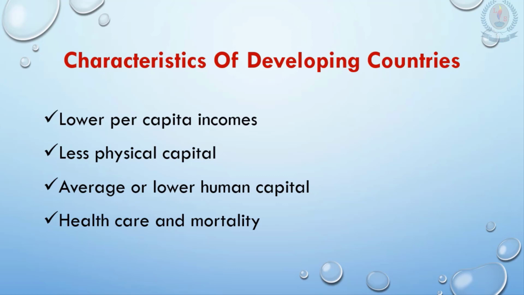For an example, if a person in Kenya gets a heart attack, the chance of him dying is very high, whereas if a person gets a heart attack in a country like USA, there is a high probability that he would survive despite the heart attack.